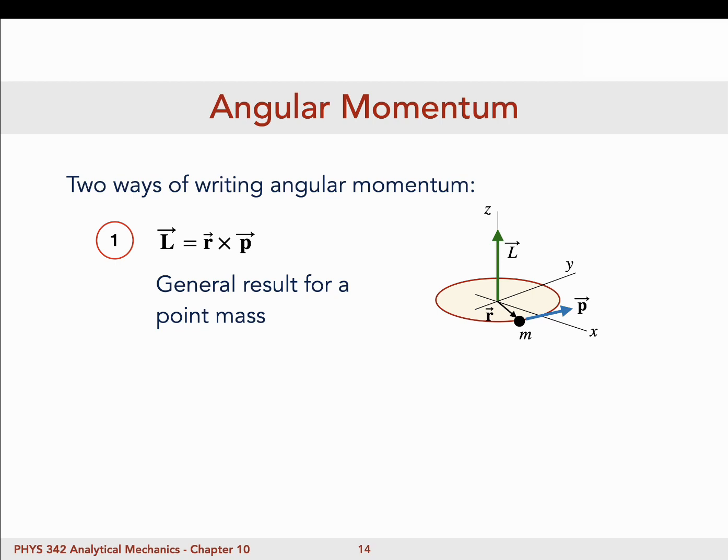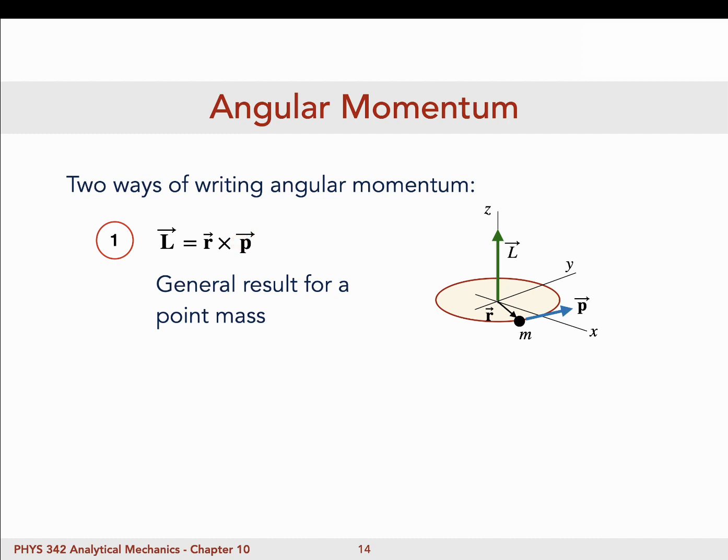Okay, so now let's talk about angular momentum a little bit more. There are two ways of writing angular momentum, which you're familiar with, I'm sure. The first way is saying that the angular momentum is just r cross p, that is the position vector cross the linear momentum.